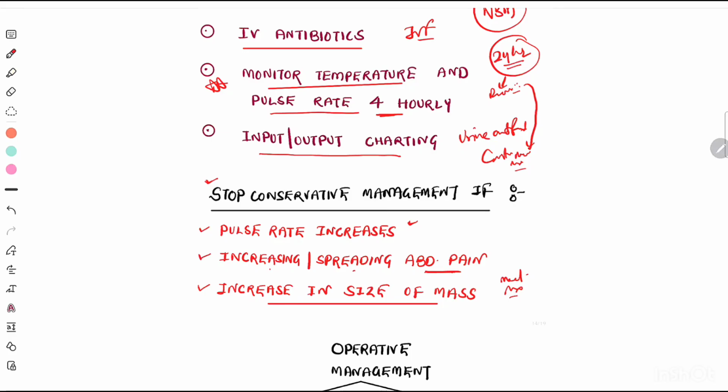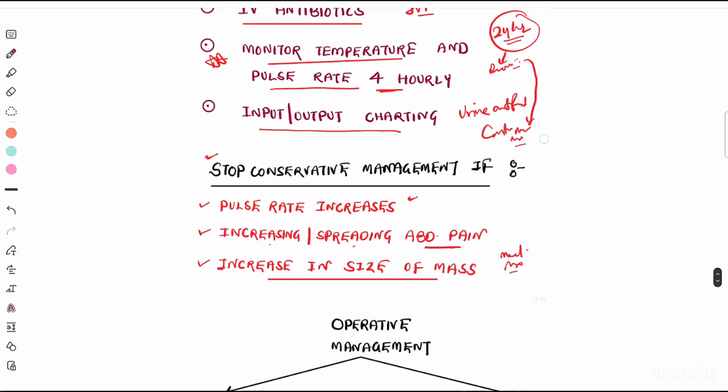So these are the 3 things. If any one of them is present, we stop conservative management and do surgery for this appendicular lump.